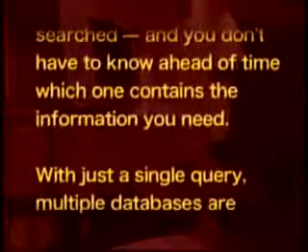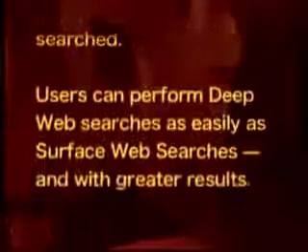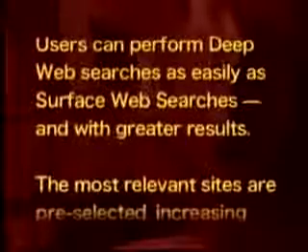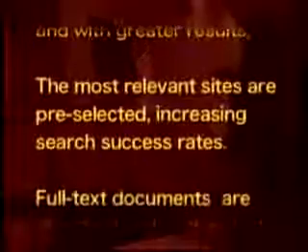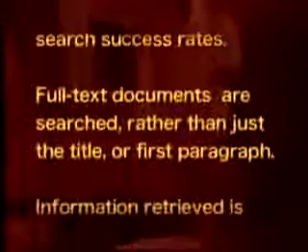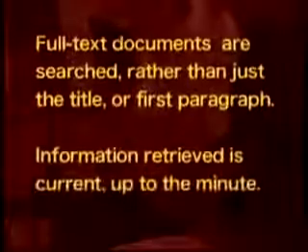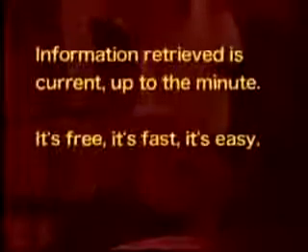Users can perform deep web searches as easily as surface web searches and with greater results. The most relevant sites are pre-selected, increasing search success rates. Full-text documents are searched rather than just the title or first paragraph. Information retrieved is current, up to the minute. It's free, it's fast, and it's easy.